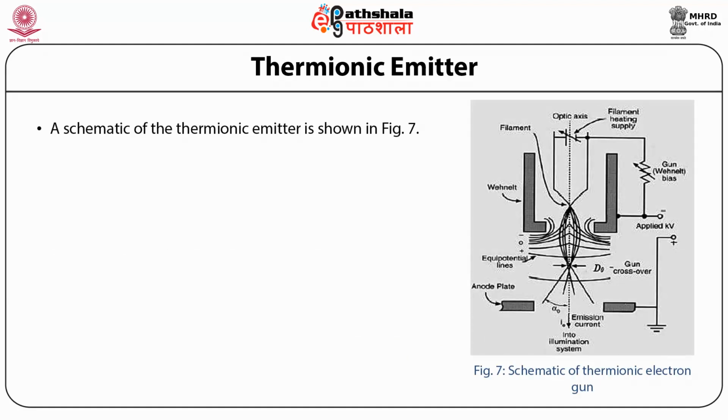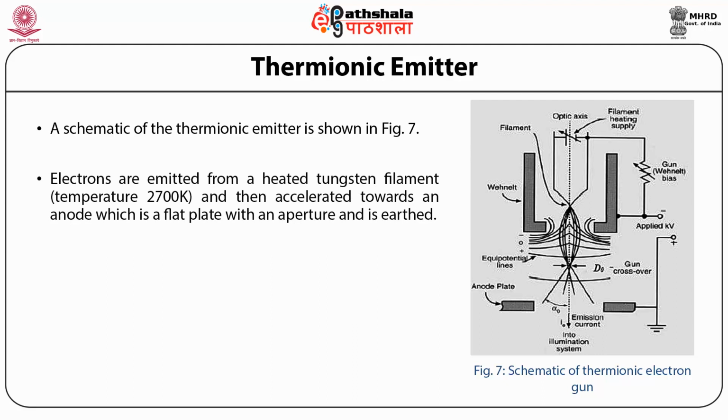Now, let us consider the thermionic emitter. A schematic of the thermionic emitter is shown in figure 7. Electrons are emitted from a heated tungsten filament at a temperature of 2700 Kelvin and then accelerated towards an anode, which is a flat plate with an aperture and is earthed.